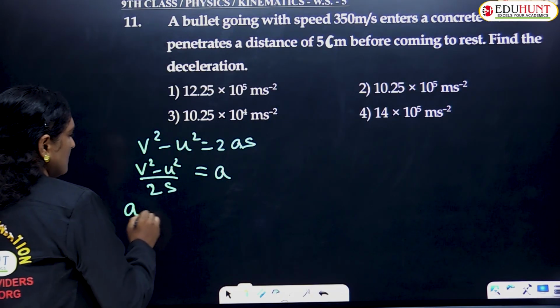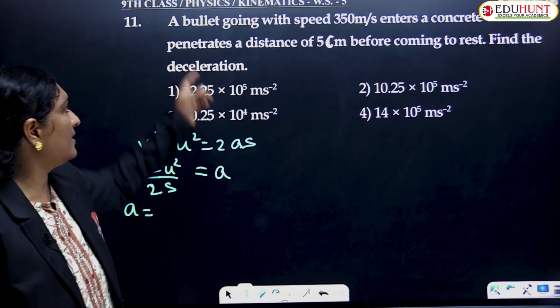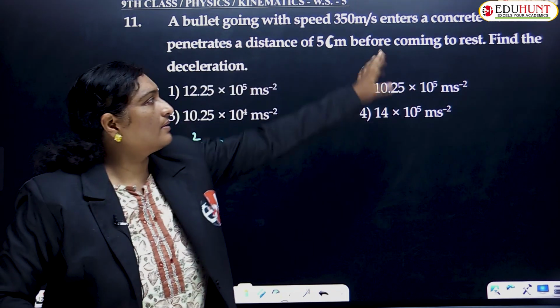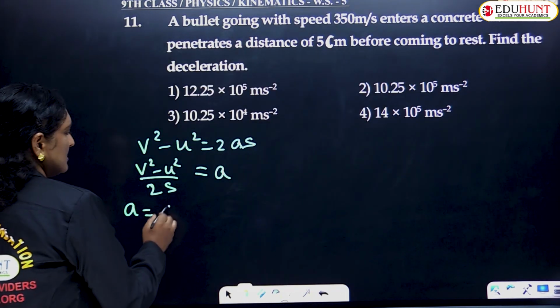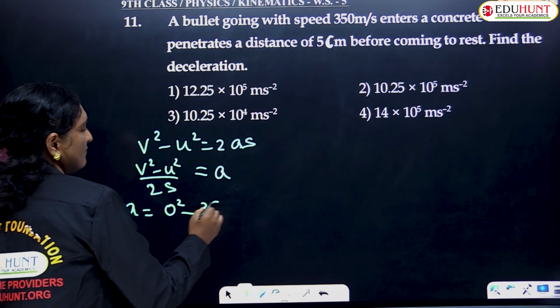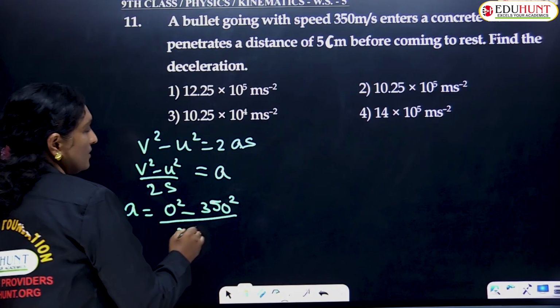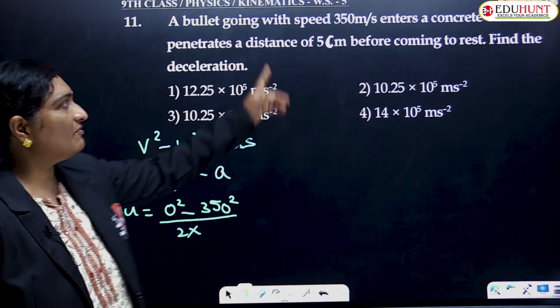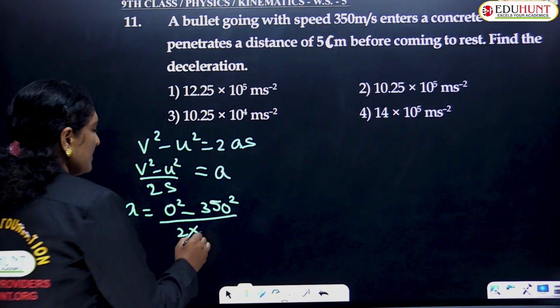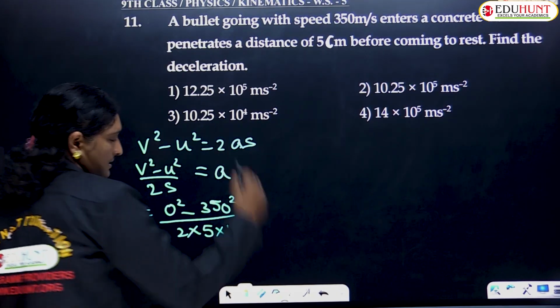So A is equal to v square. Finally it comes to rest, hence the final velocity is taken as 0. 0 square minus the initial velocity given as 350, so 350 square, whole upon 2 into the distance it covered, 5 centimeters. 5 centimeters means 5 into 10 power minus 2 meters.